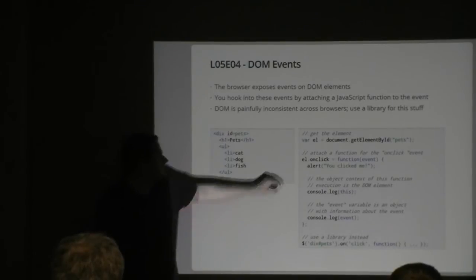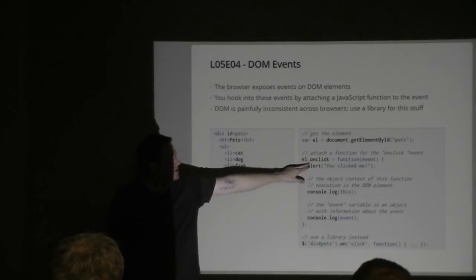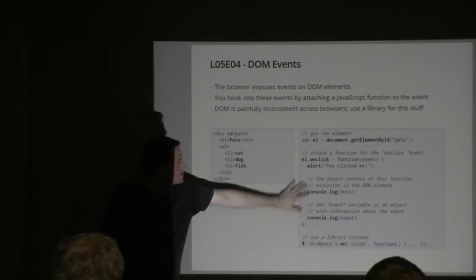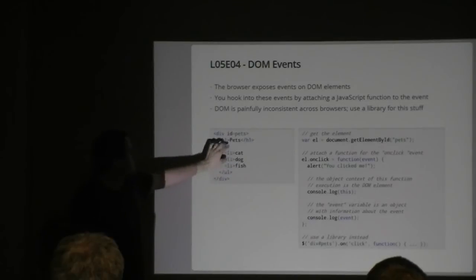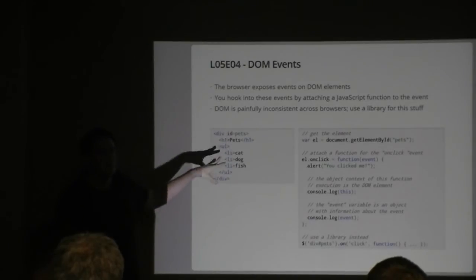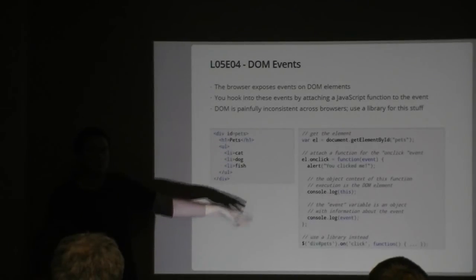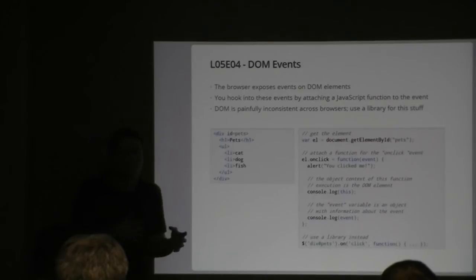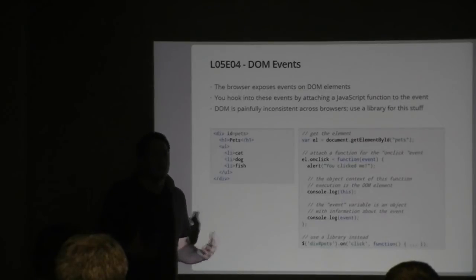Again, we're going to get the element, we're saying click, and we're going to give it the value of a function: you clicked me, print this stuff. And when we click on this element, it will execute that function. Make sense? So elements have events, and you're going to assign functions to those events. That's what event handling is.